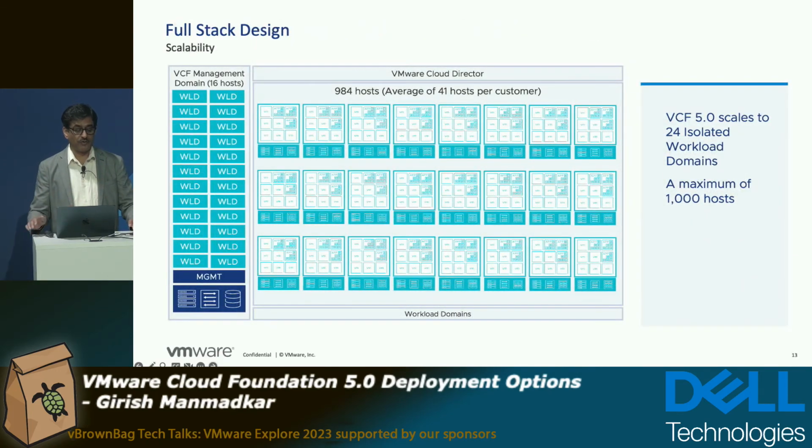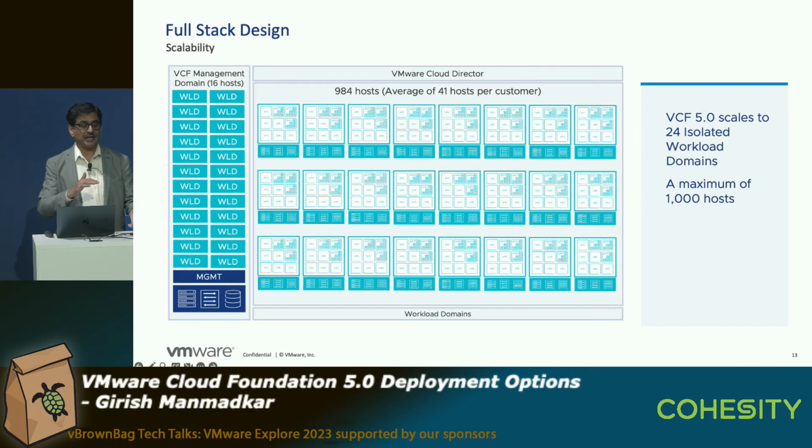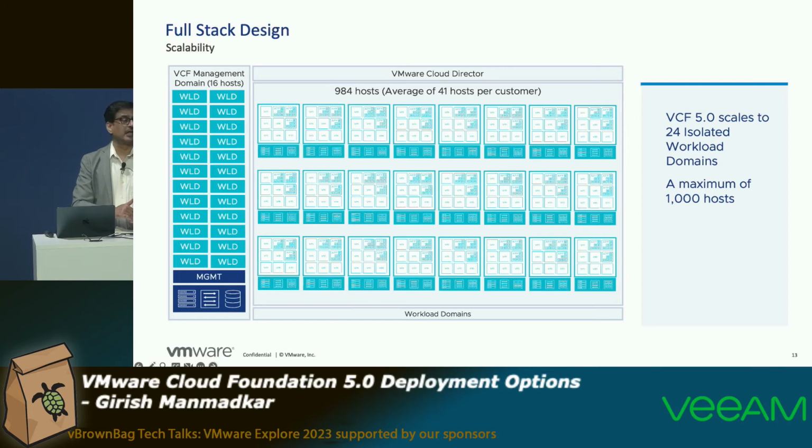So again, giving you the scalability numbers with VCF 5. My management stack can grow because I have maybe 24 workload domains that I want to manage. I have various other components running in the management cluster for my customers' workloads, like for example edge clusters.